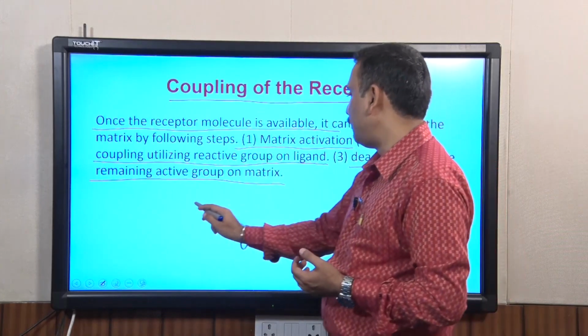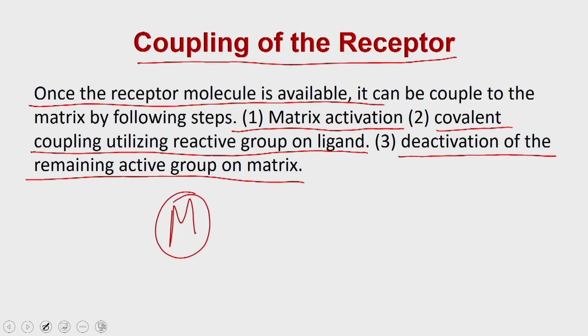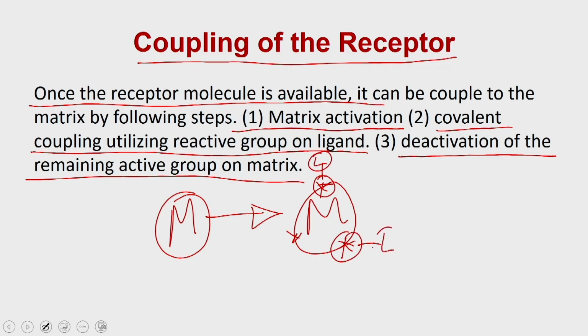Which means in step 1 you activate the matrix, so that the matrix has many active groups, and in that step you add the ligand, so that all these active groups make covalent bonds with the ligand or the receptor. Then, once you are done with that, if you have additional activation groups, you are going to deactivate these activation groups.